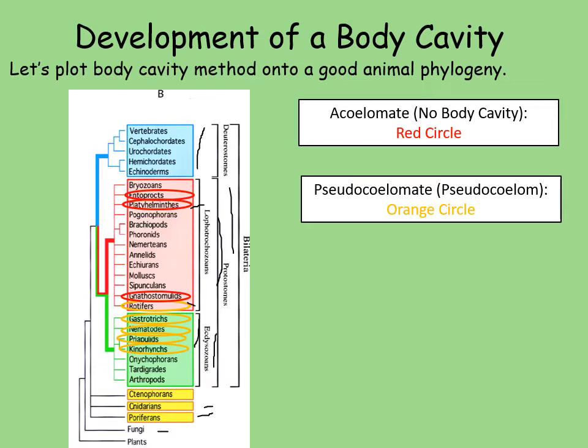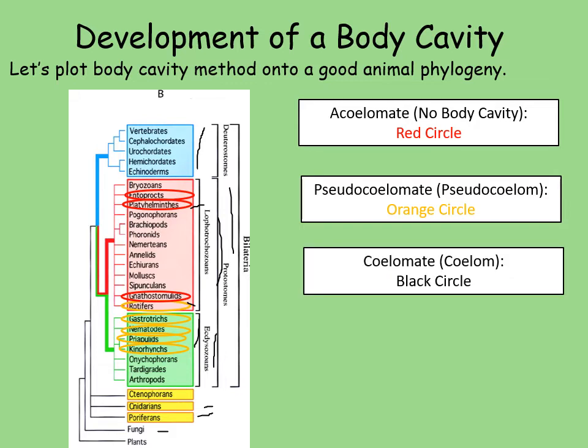Okay, now let's circle the animal groups that have a true coelom, like us. So let's circle them in black. Them, all of the deuterostomes, all of these groups within the lophotrochozoans, and then these groups within the ecdysozoans.